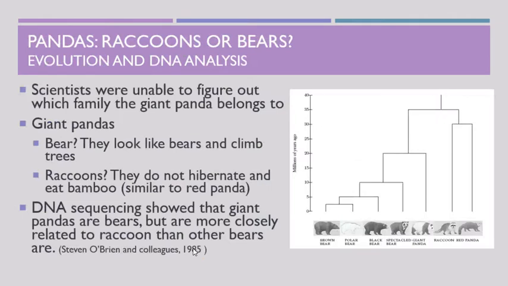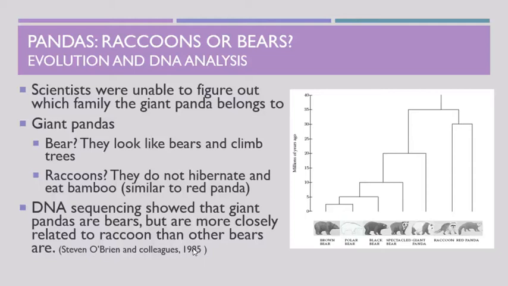Okay, now here is the last thing I want to talk about, and this is pandas, raccoons or bears. For a very long time, scientists actually didn't really know which family the giant panda belonged to. As a matter of fact, when I was going through school, it was a raccoon and a bear, and nobody was really sure.